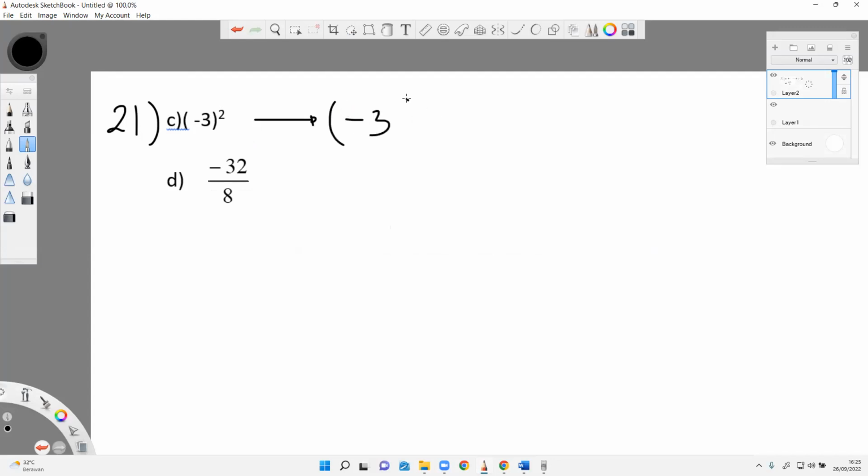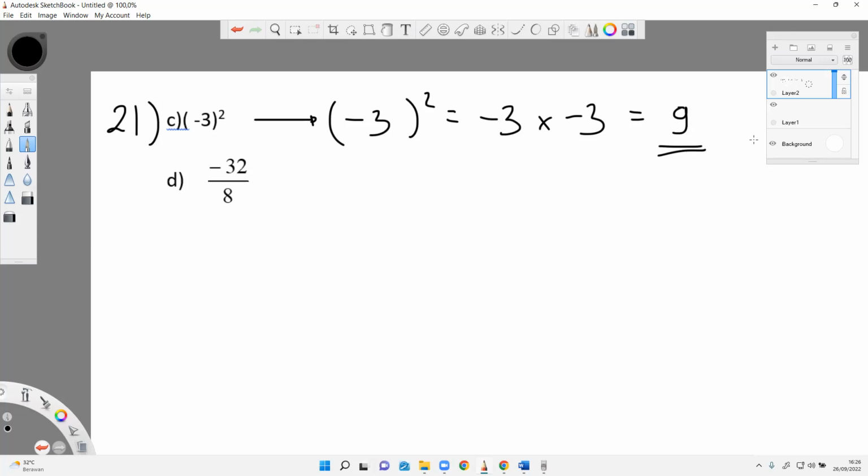So you can just write negative 3 times negative 3. Negative times negative is positive, right? So you don't have to write any sign at all because it is positive. And then 3 times 3 is 9. That's it. No need to think about the negative anymore because the negative is annihilated.